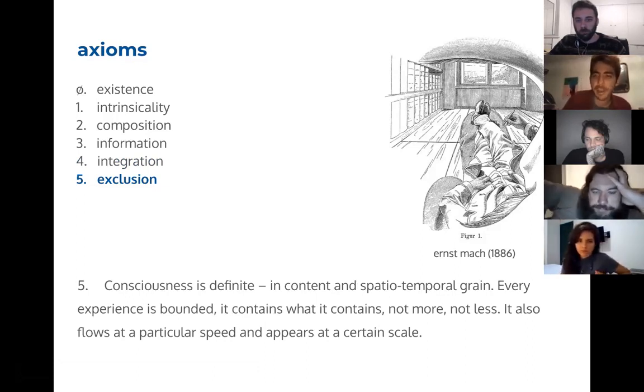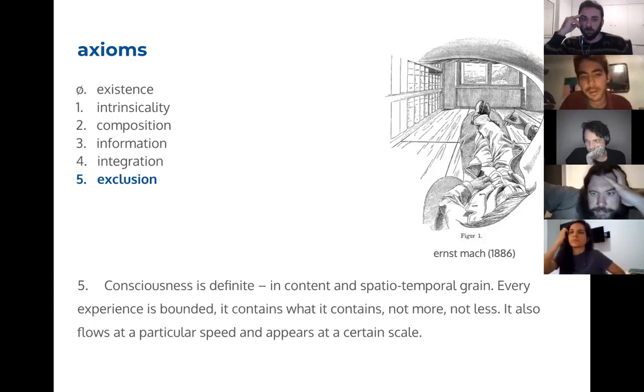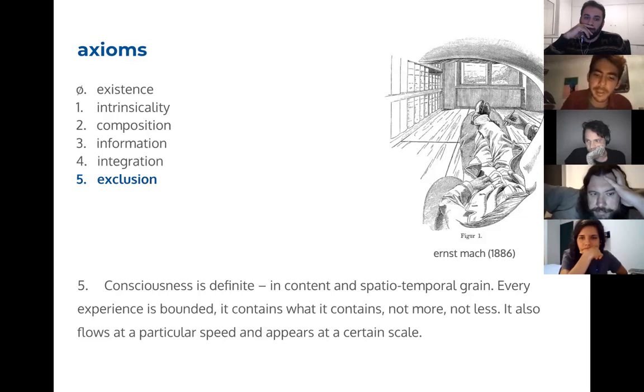You don't experience your experience minus something like the book on the table, nor an experience plus the acidity of your blood. It's something definite and bounded, and it has a certain spatial temporal grain to it. It flows at a certain speed, and it exists at a certain scale, you could say.